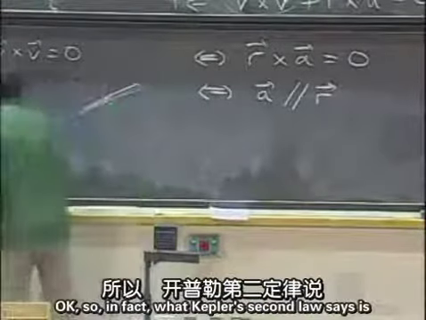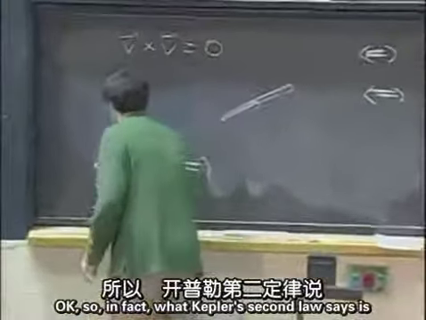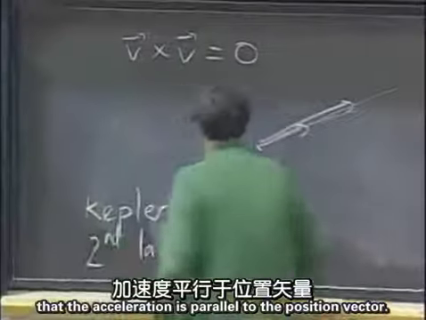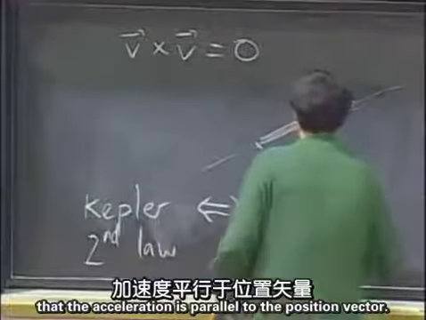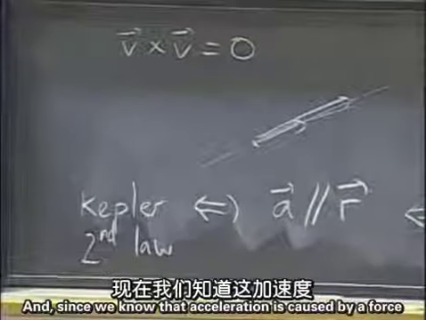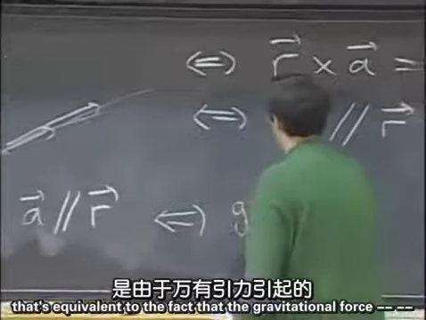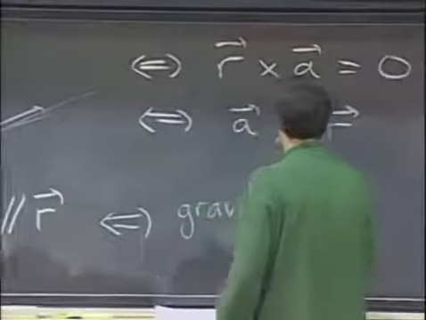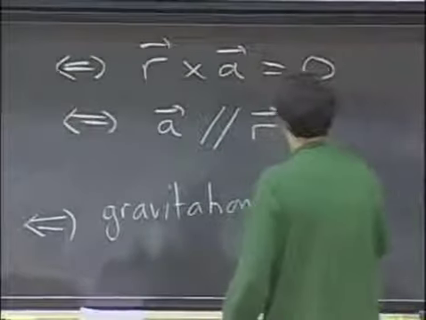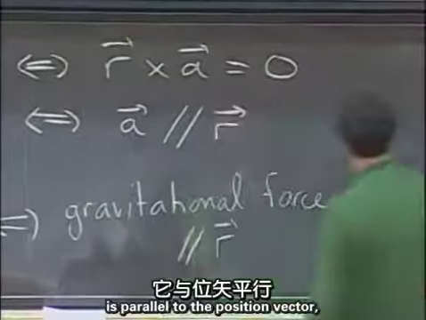So in fact, what Kepler's second law says is that the acceleration is parallel to the position vector. And since we know that acceleration is caused by a force, that's equivalent to the fact that the gravitational force is parallel to the position vector.